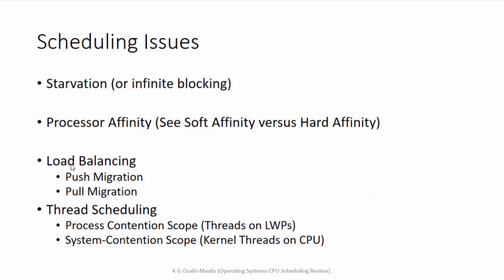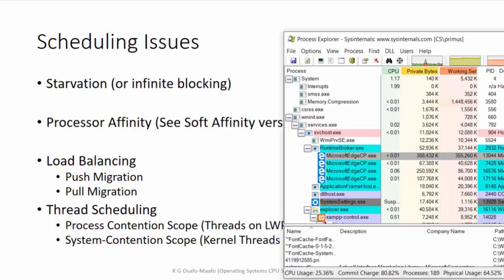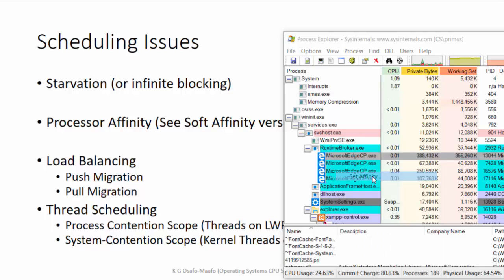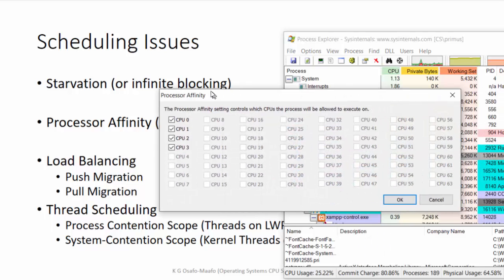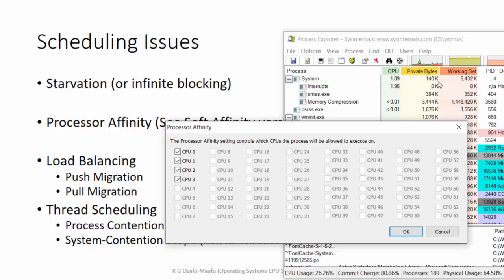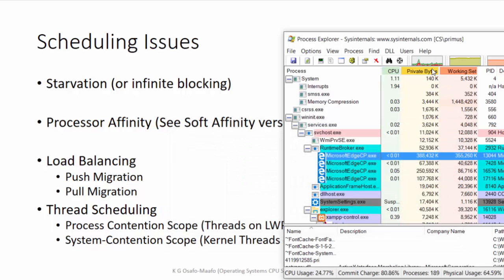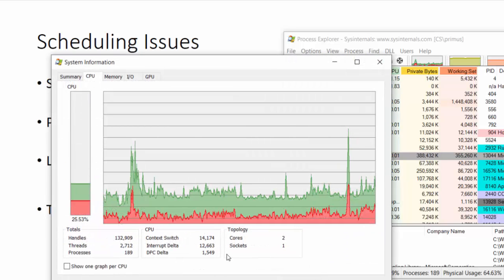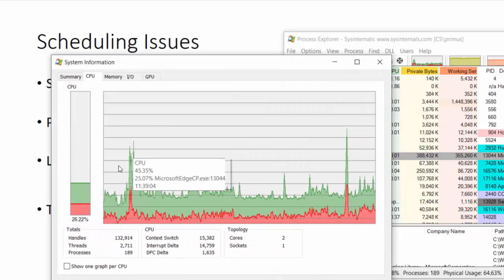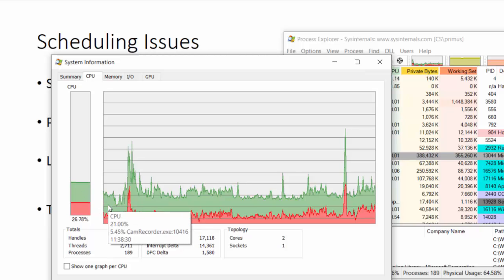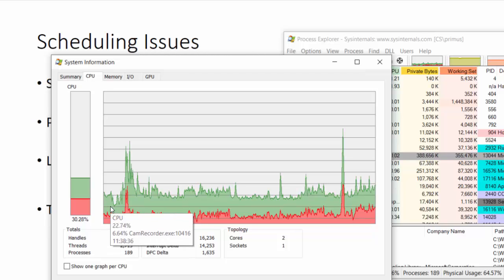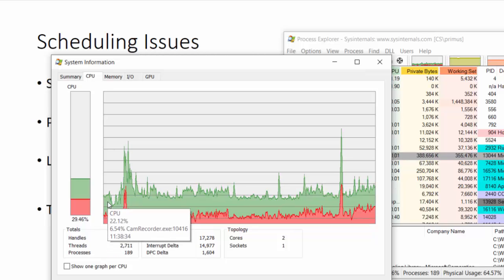There's also load balancing. Load balancing means, and again I bring this up, let me pull up the CPU graph. It says I have 2 cores. Alright, so you can see that there are 2 CPUs.